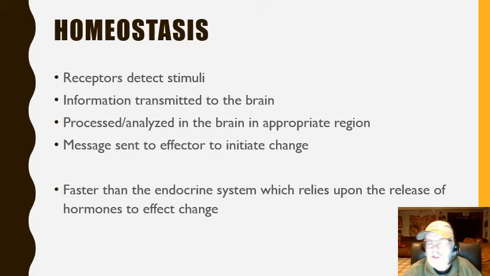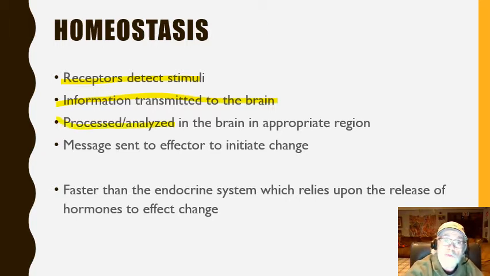Homeostasis is a simple process to understand. It means that the body doesn't like things to be different. It wants things to be the same all the time. It doesn't like to deviate from what's normal. The way it does this is receptors detect some type of stimulus. That stimulus is transmitted to the brain. The brain says, is it right?